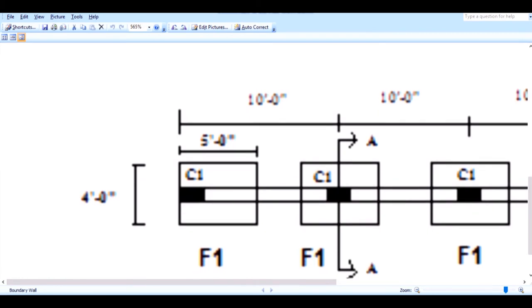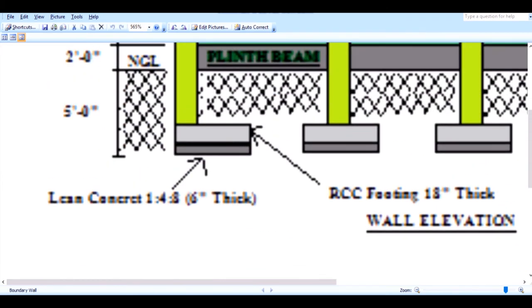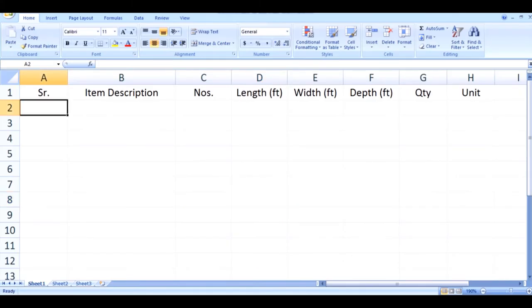Here in footing layout, the dimension of footing is 5 feet in length and 4 feet in width, and the third thickness is 6 inches thick. So let's start. Here we write serial number 1.